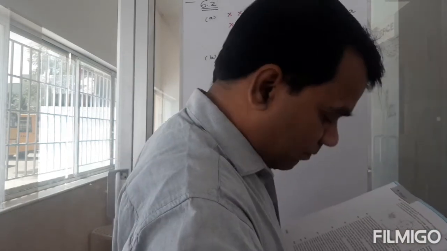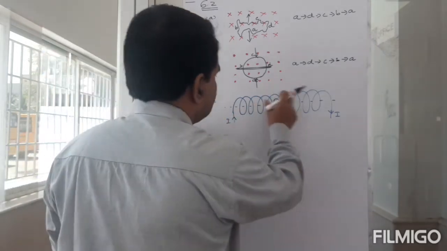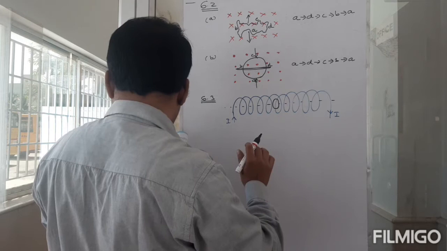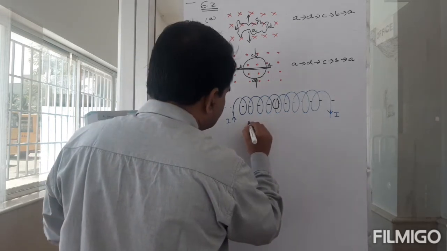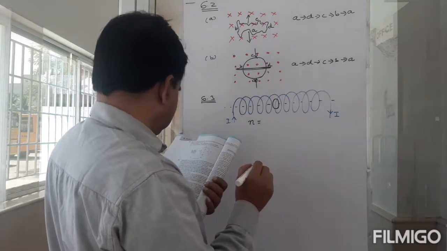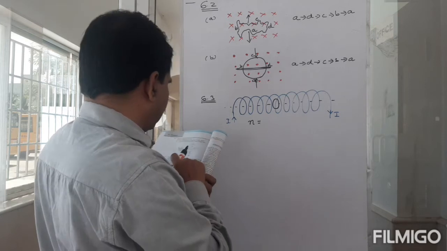Now, if you talk about the solenoid, then the solenoid has an n, which is number of turns per unit length, of 15 turns per centimeter.